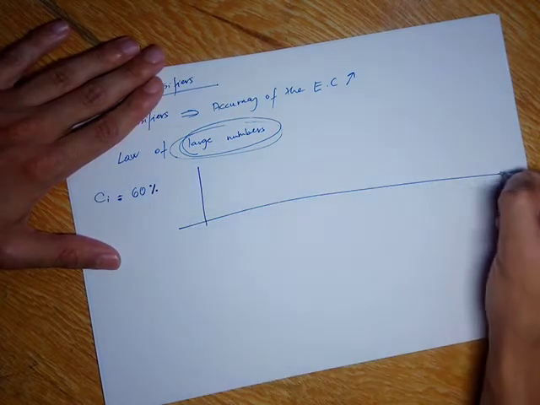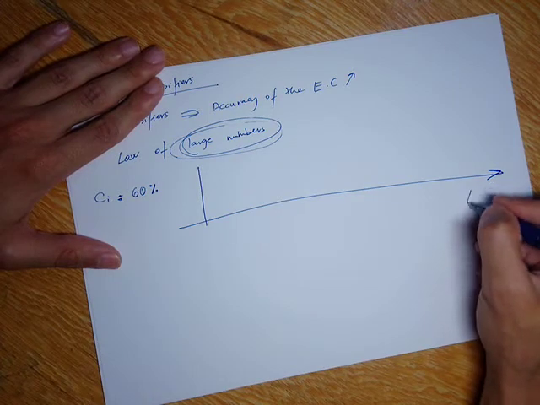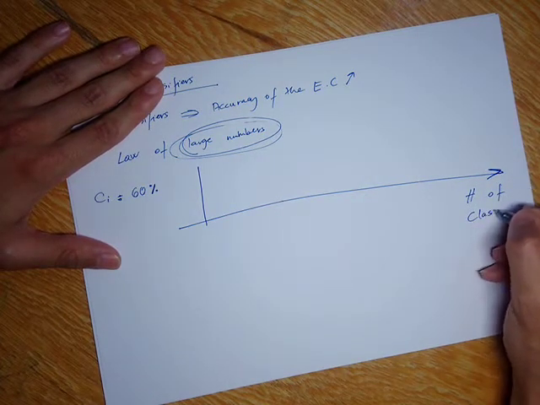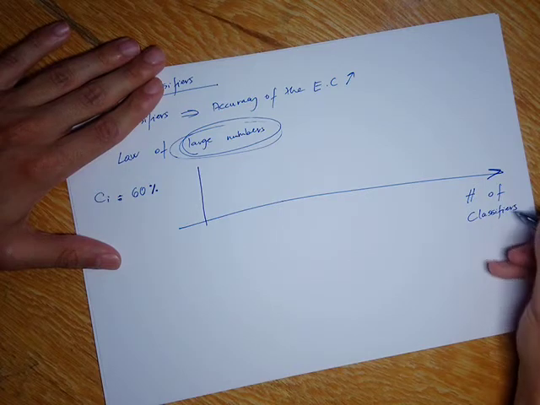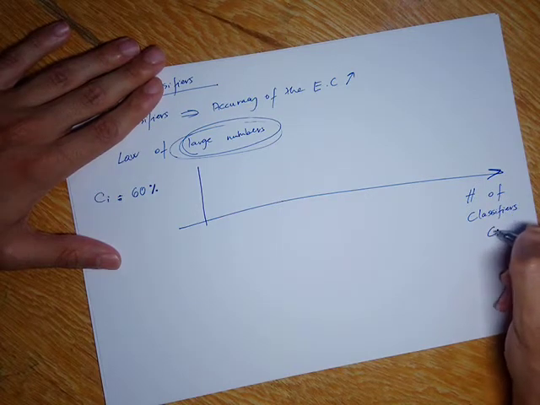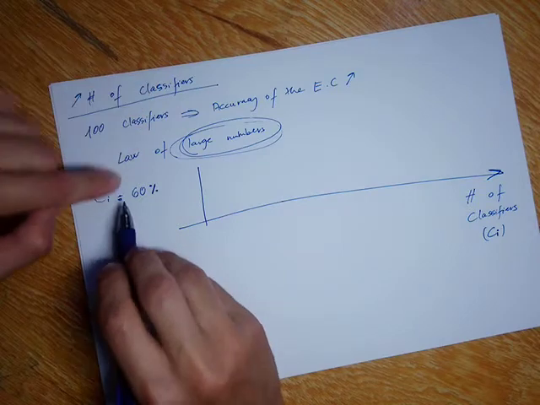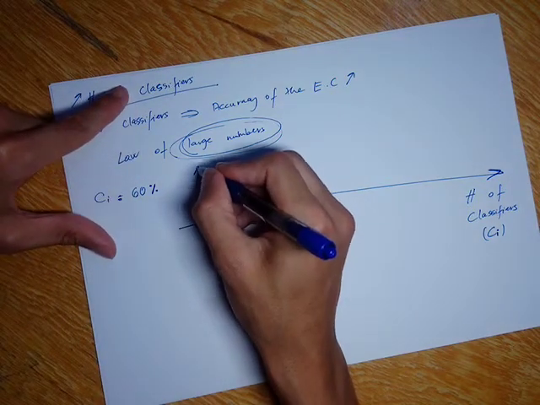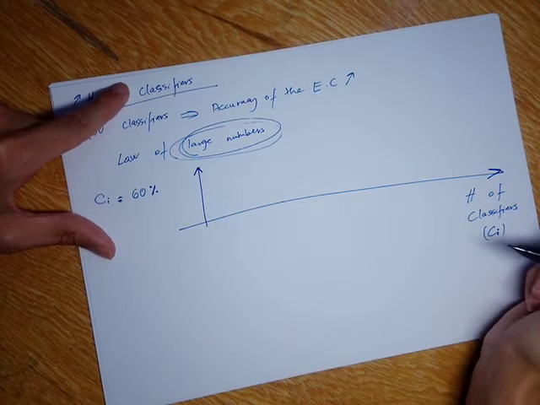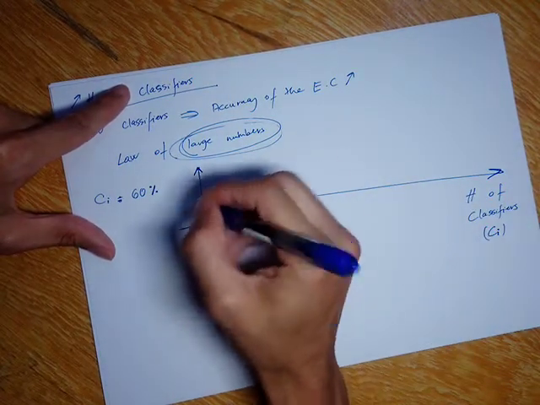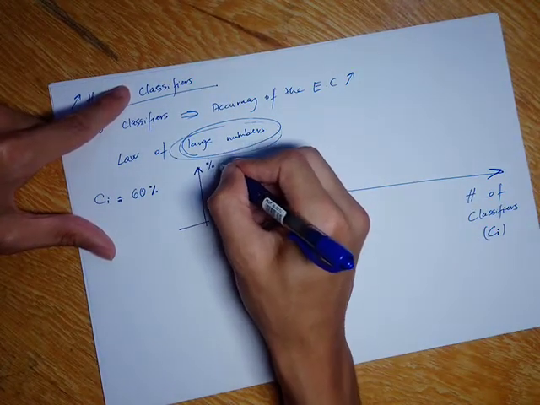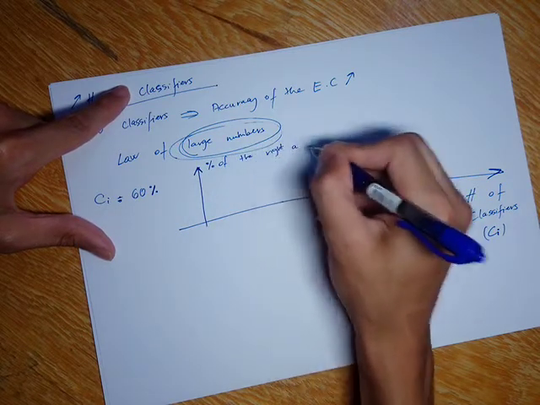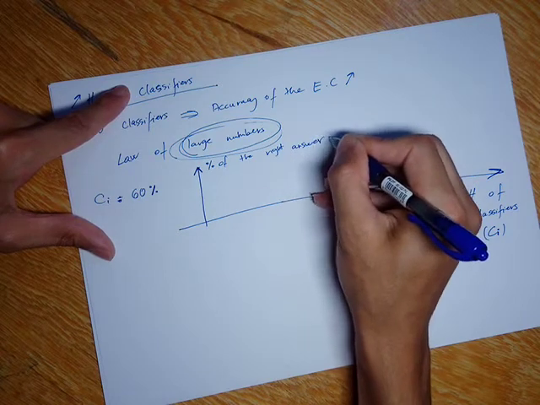Say that this axis here represents the number of classifiers, CI. I'm talking specifically about CI, which has an accuracy of 60%, right? And here, for each of these numbers, I will represent the proportion of the right answer, right?